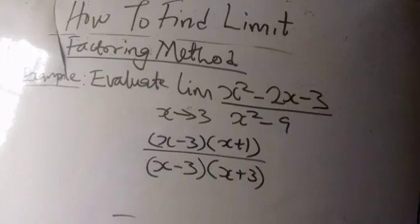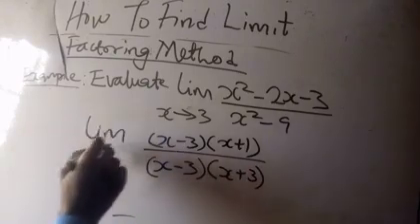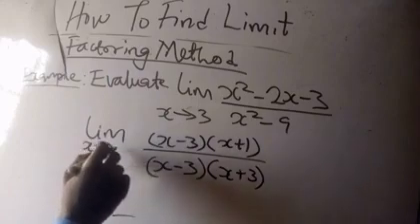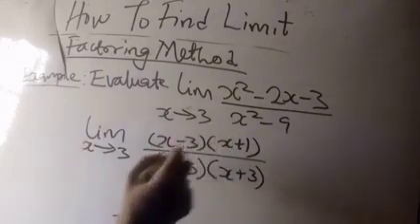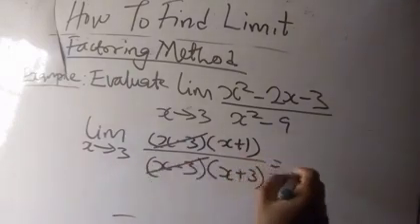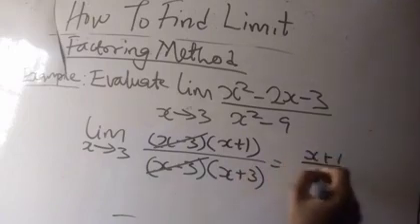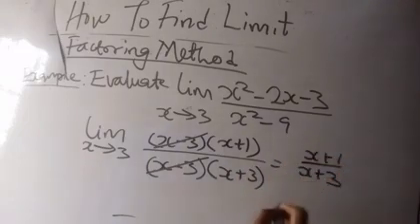Okay, so if we divide, we cross this out and this out. What do we have left? We have x plus 1 divided by x plus 3.